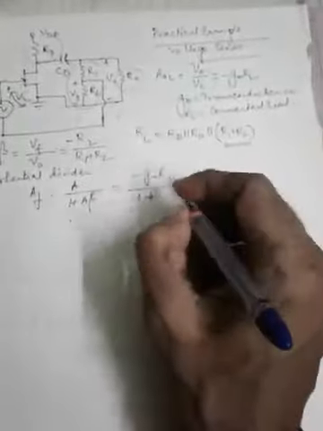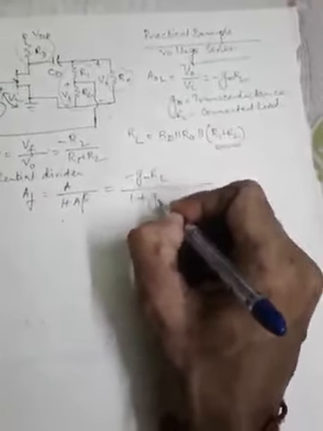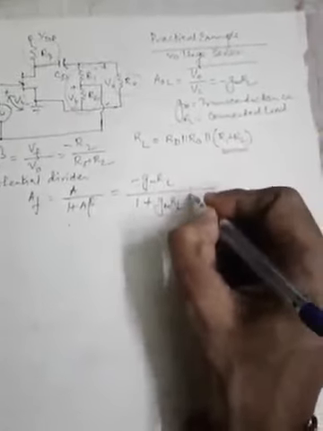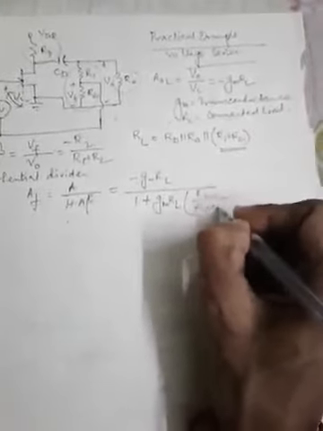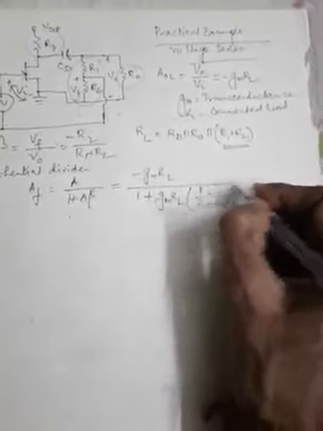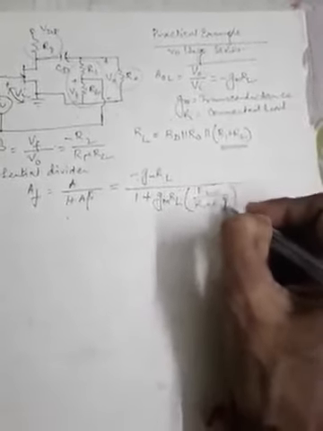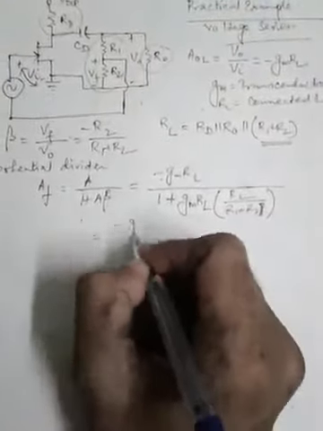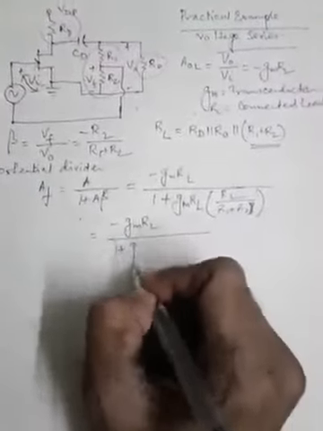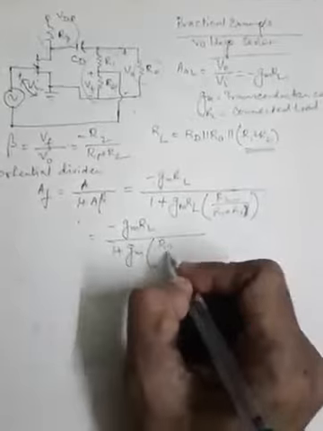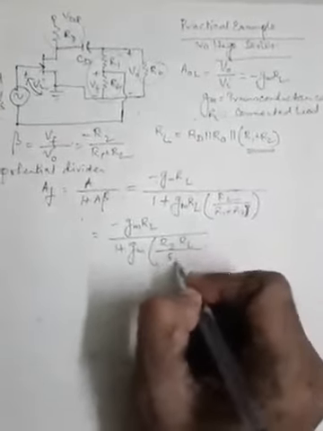So A into beta means GM RL whole into R2 by R1 plus R2. This can also be written as minus GM RL, just a little bit rearrangement in the denominator, GM outside, inside the parenthesis R2 RL by R1 plus R2. So this is RF, this is AF.